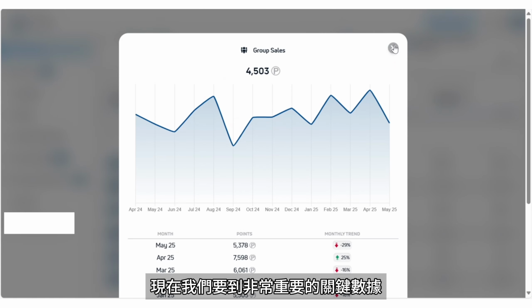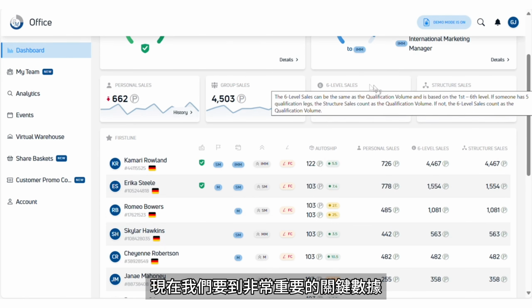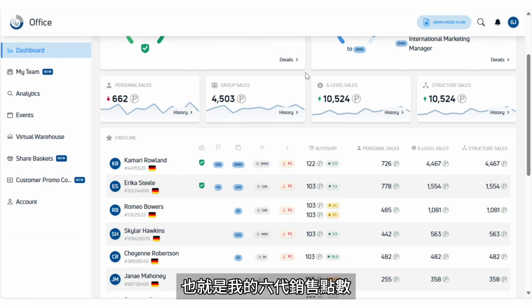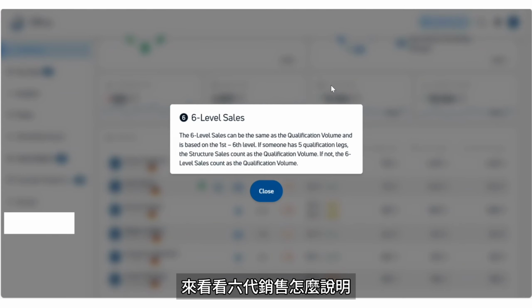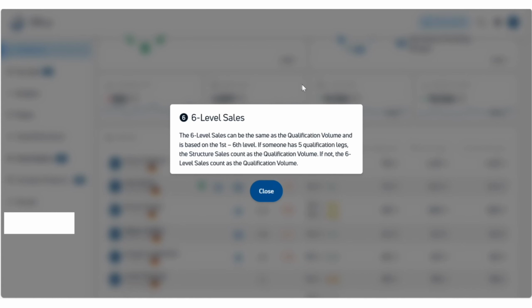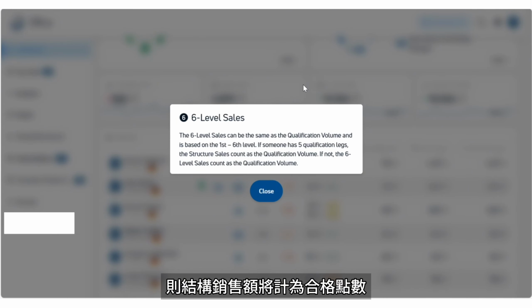Now we are coming to two very important key numbers. On the one side, my 6-level sales. What does my 6-level sales say? The 6-level sales can be the same as the qualification volume and is based on the first 6 levels. If someone has 5 qualification legs, then the structure sales count as the qualification volume. If not, the 6-level sales count as qualification volume.